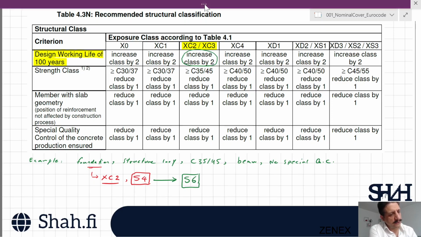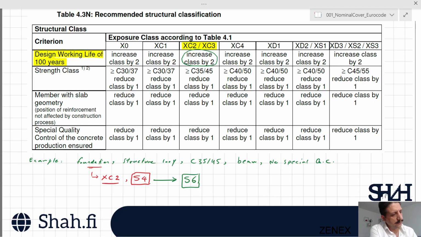Then the strength class of the concrete. We are using C35/45, which is equal or greater than that, so we can reduce it by 1, so it will be S5. Then it's not a slab geometry, it's a beam, so this is not applied, and also there is no special quality control. As a result, our structural class for this case will be S5.